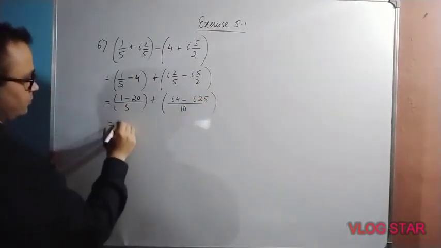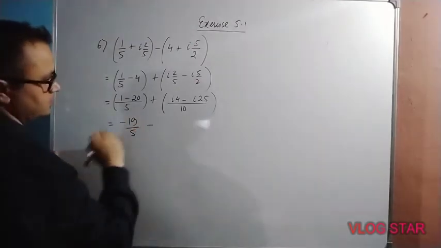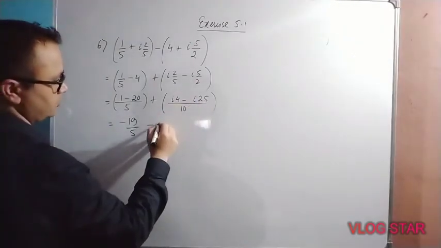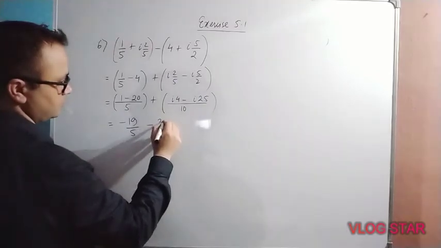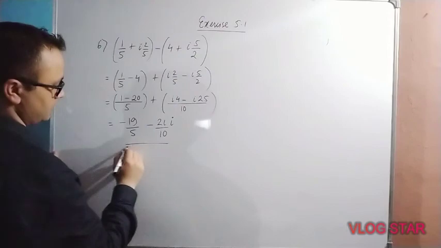So this equals minus 19 by 5 minus 25 minus 4 is minus 21, 21i by 10. Now this is the answer of question number 6.